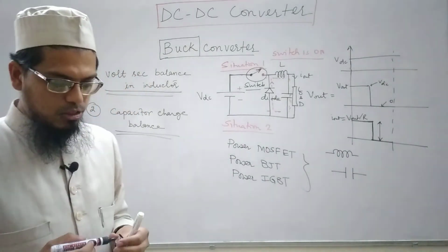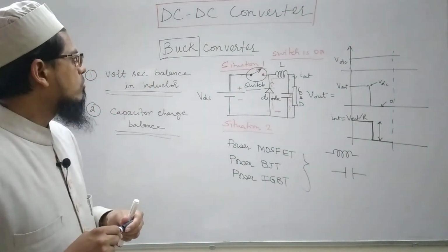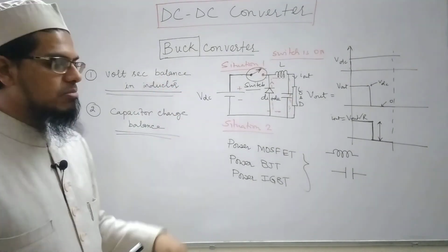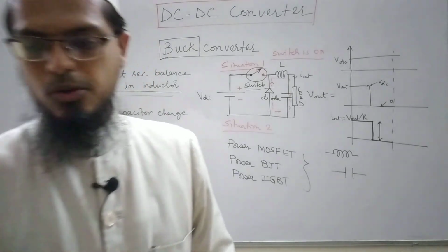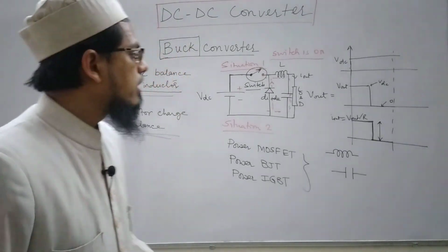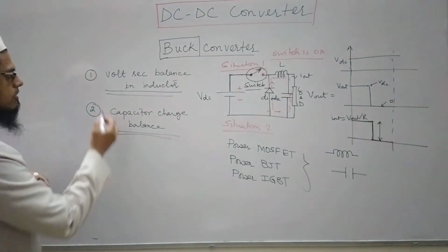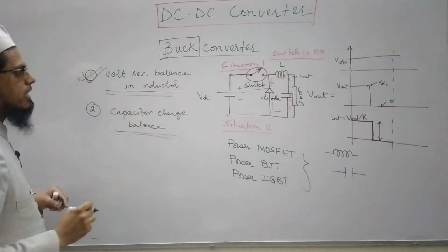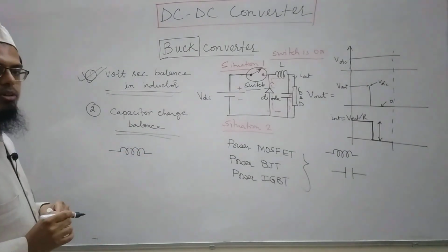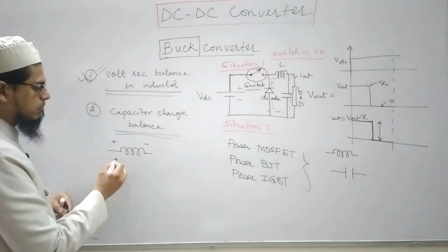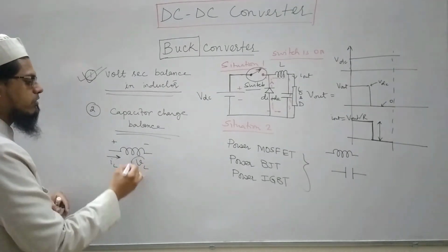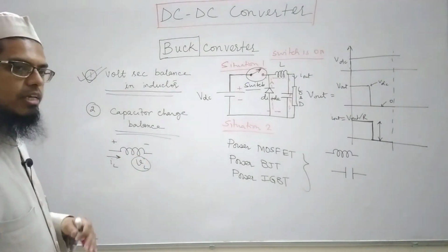So let us quickly see what exactly is volt second balance in an inductor and capacitor charge balance. Let's take first the volt second balance. This is an inductor. Let me give a polarity to it and a direction of current, and let VL be the voltage appearing when current IL is flowing through it.